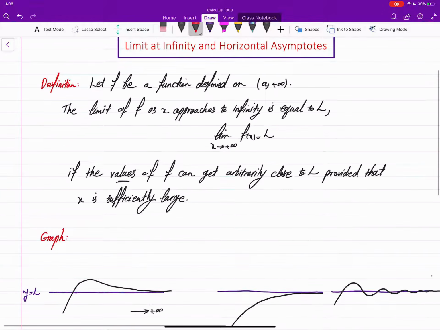One can have a similar definition for negative infinity. In that case, the function needs to be defined on an interval negative infinity to a, and then we write limit of f of x as x goes to negative infinity is equal to L if the values of f can get arbitrarily close to L, provided that x is a sufficiently large negative number.